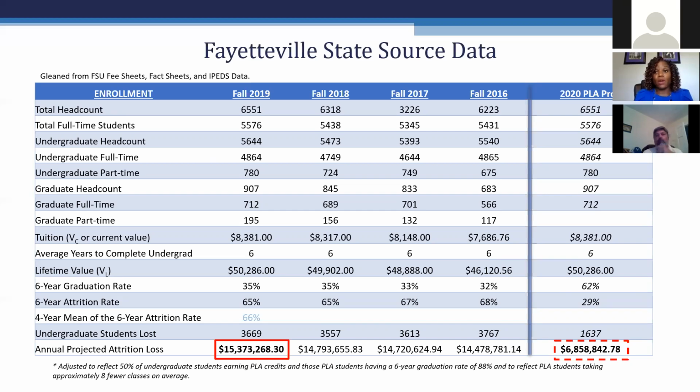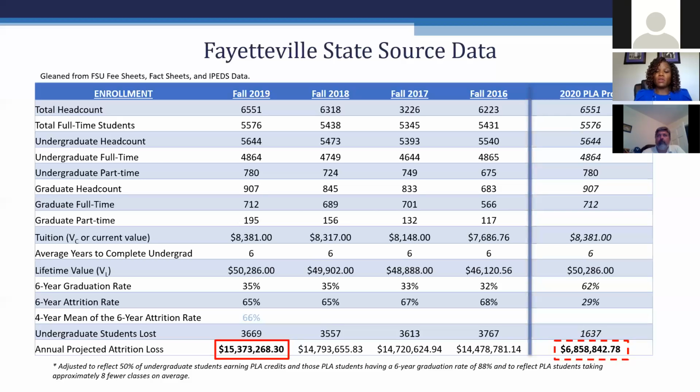If PLA were implemented and only half of students got PLA credit at the average amount, 18 credits per student that receives PLA credit, that attrition loss could be decreased to about 6.8 million. Now, again, this does not reflect students receiving university scholarships.